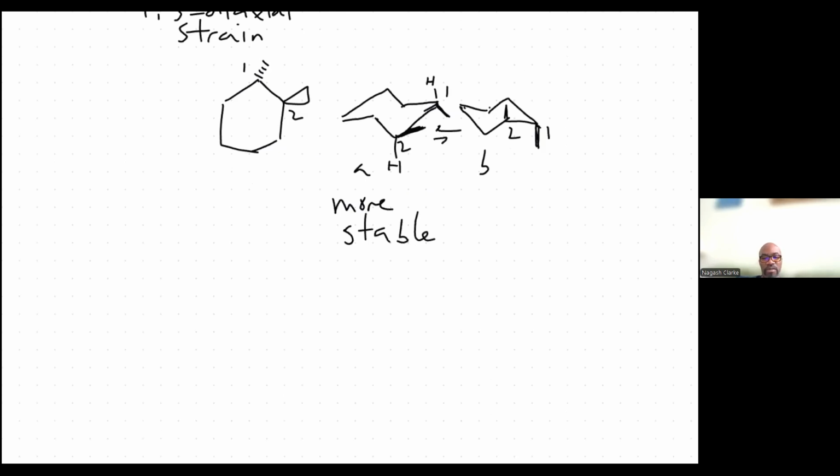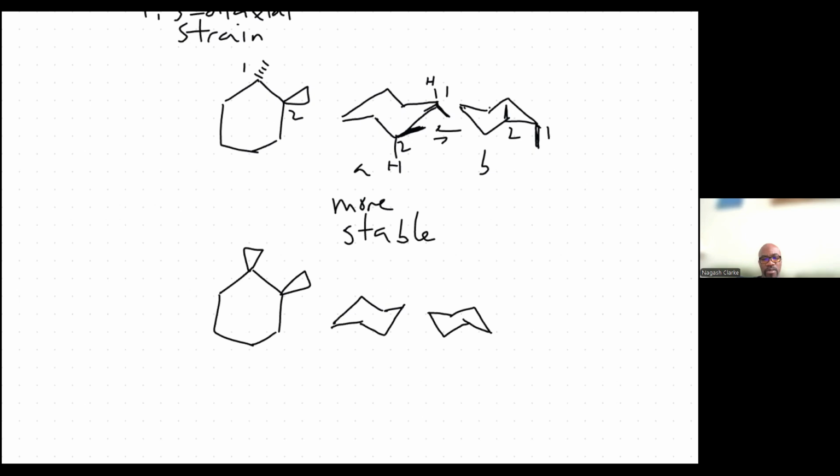So let's try another one. Let's say I'm going to make both of them wedges. I'm going to draw mine, and then I like to draw my ring flip so that I'm ready to go.